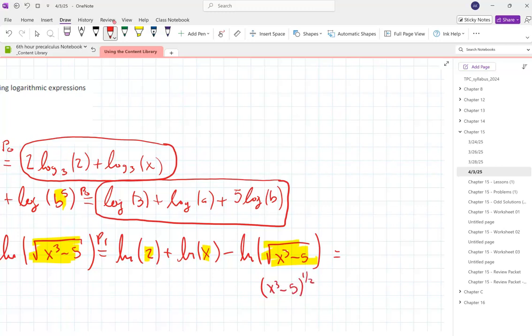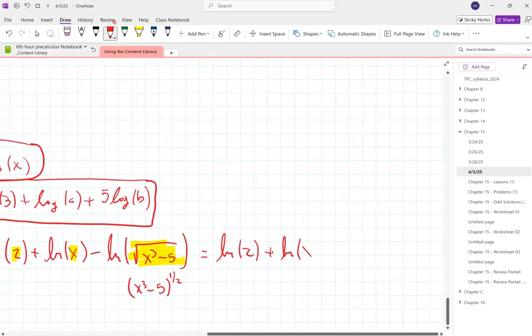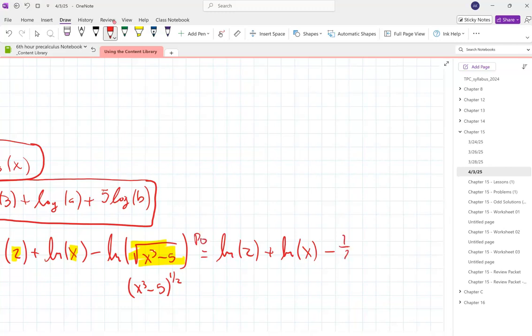A 1/2 power. So the first 2 logarithms stay the same. The third logarithm, we apply the power property. You can say that, right?